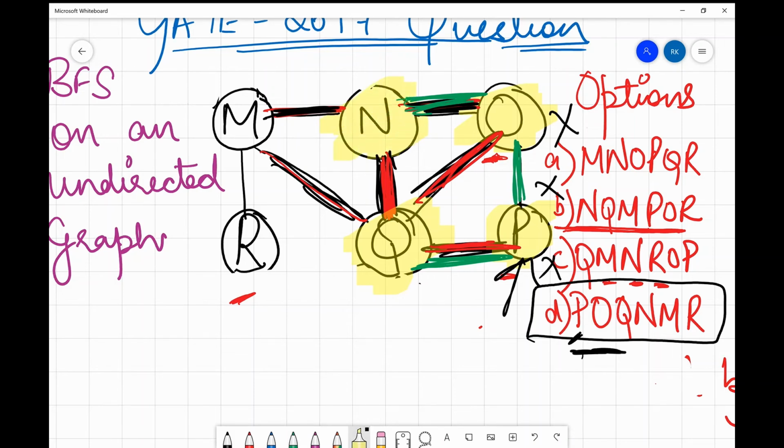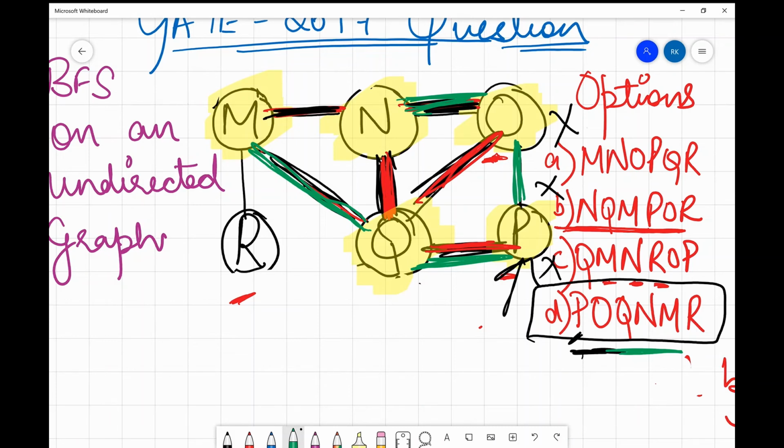That means now we need to move towards Q's children, which is only M left, right? So we mark M visited, and we visit it through this path Q to M, and it is also in the same manner in which we require it to be.